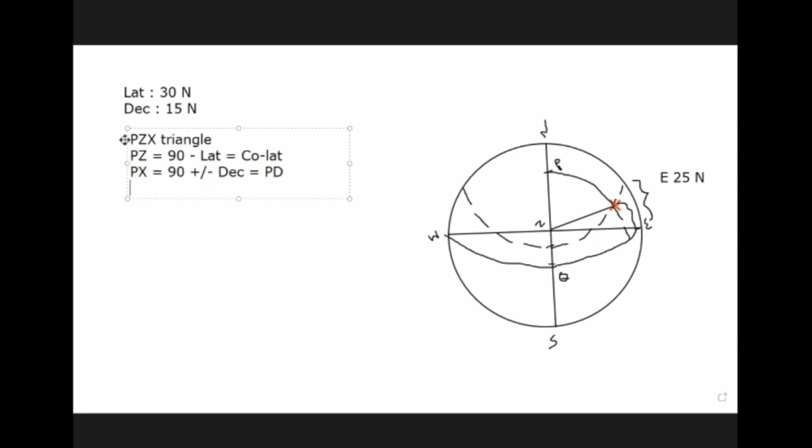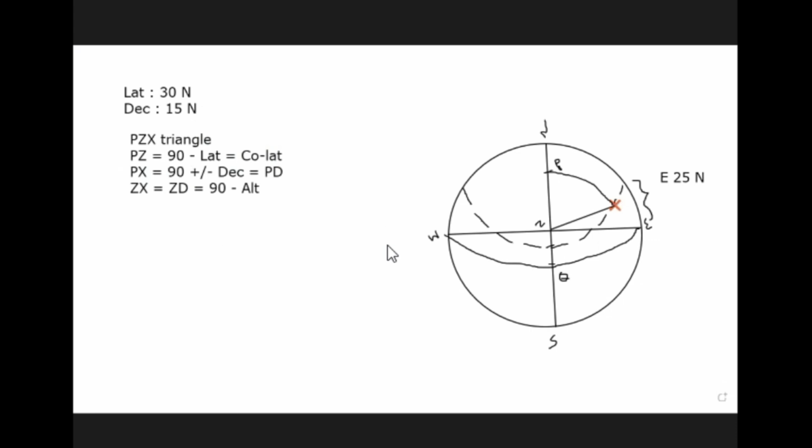What is Zx, anybody? Zenith distance. Correct. Zenith distance is equal to 90 minus altitude. Altitude is the vertical circle between the body and the rational horizon. The entire radius of the circle is 90 degrees, so this minus altitude would give the zenith distance, that is Zx.